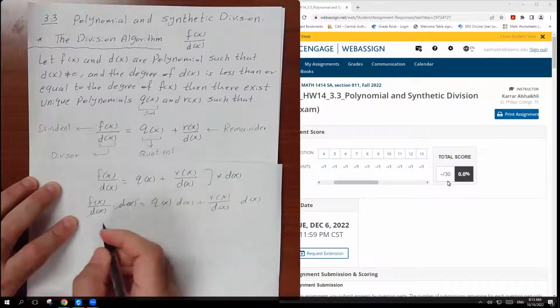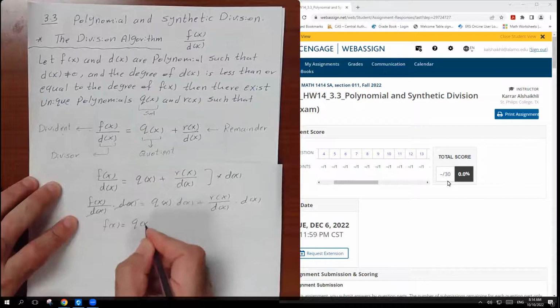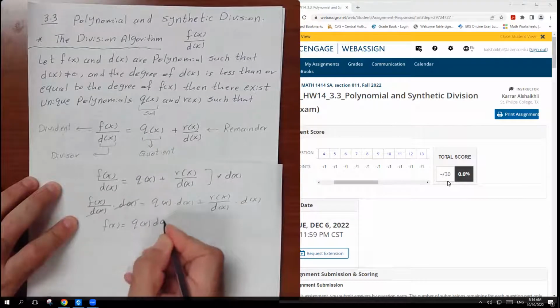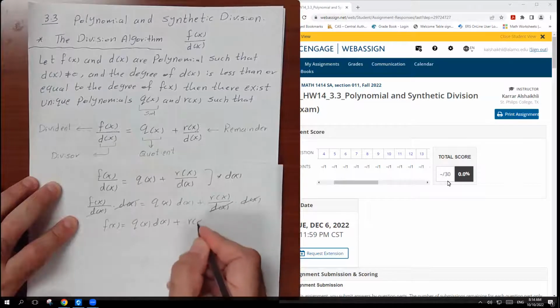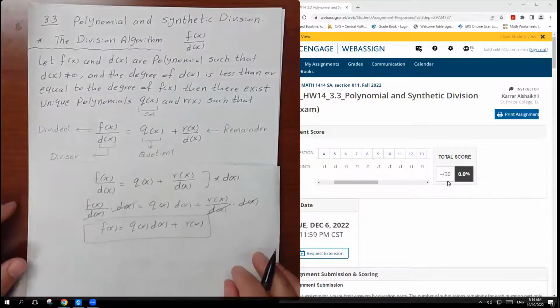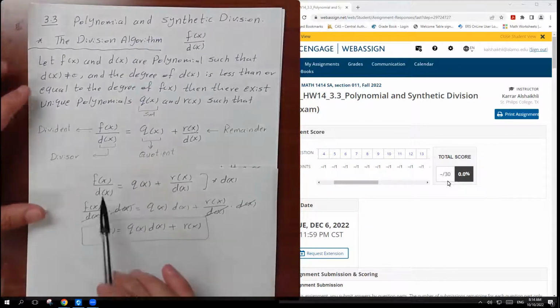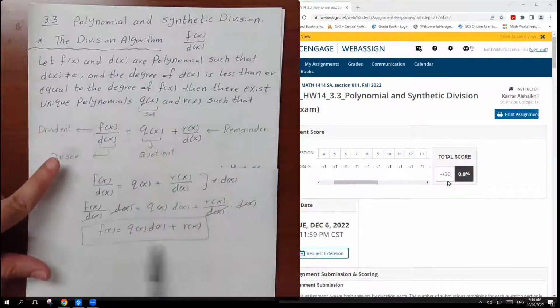This one cancels with this one, so the left is just f of x equals q of x d of x plus r of x. That's what we got on the next step. So if you multiply both sides by d of x, this is what we're going to get.